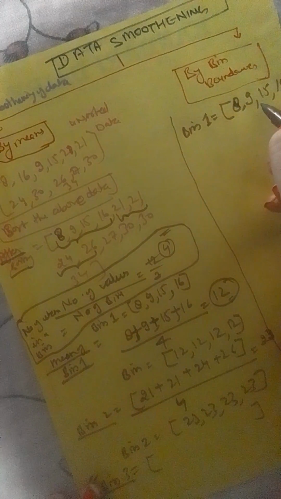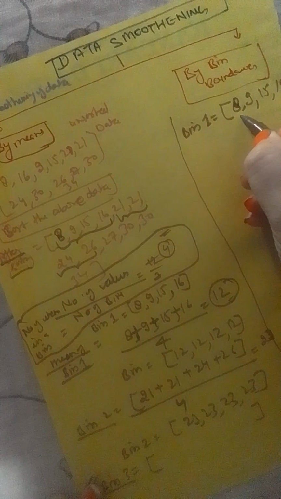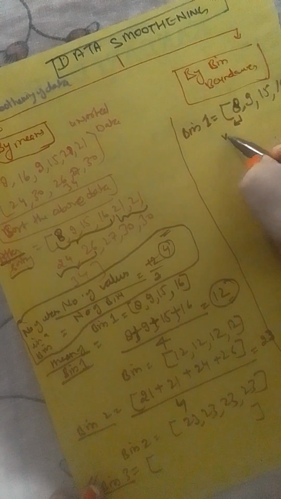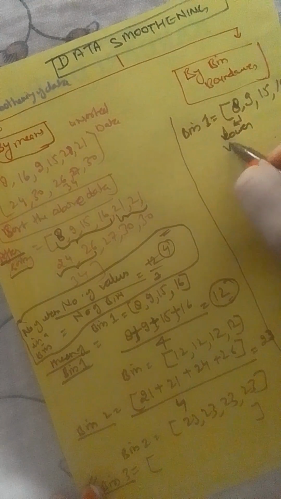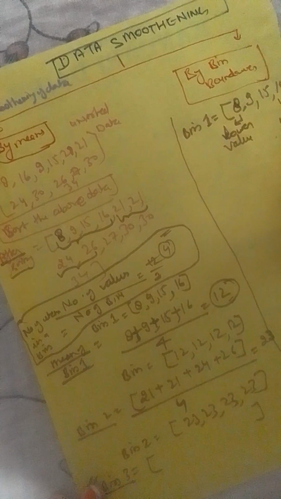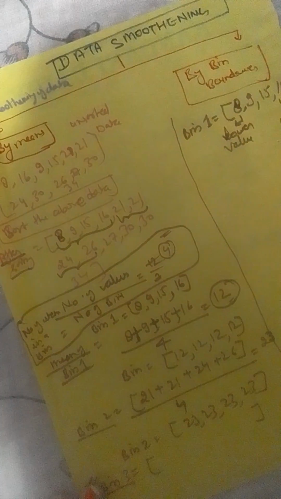Fine. So in this method, we just keep the lower value and the upper value, we keep these two values as they are.